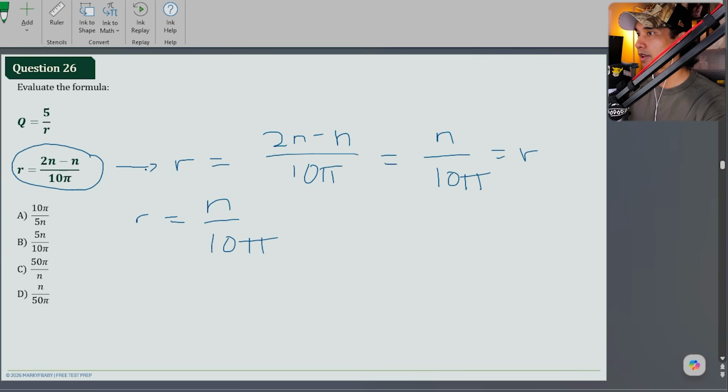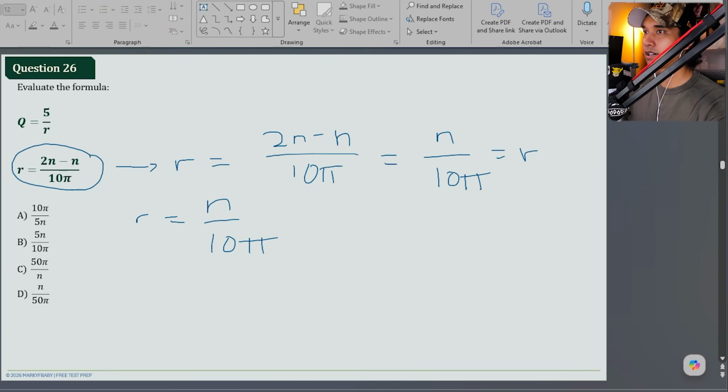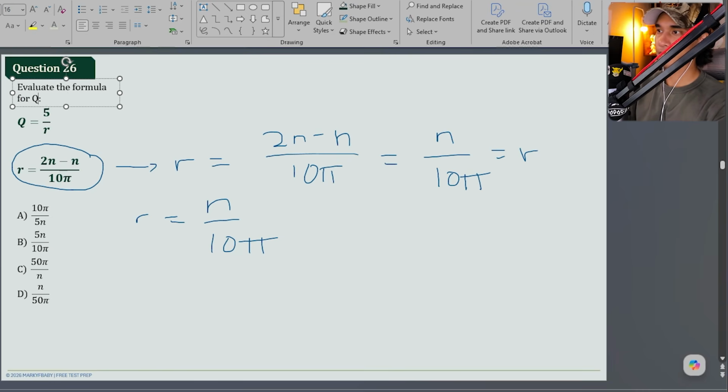Now I formatted this incorrectly. You know what I should have said? Evaluate the formula for Q. Okay, let me just type that in. Evaluate the formula for Q. Okay, now that's correct.